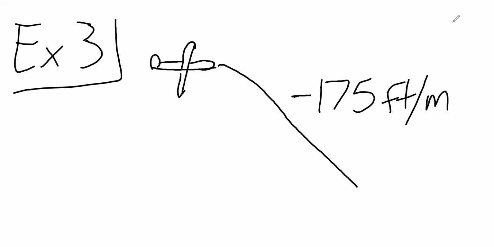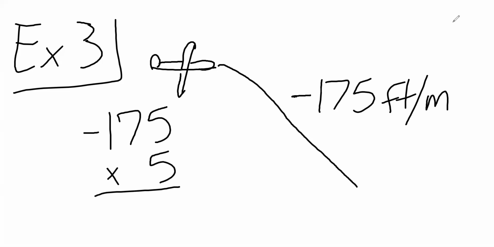How am I going to do this one, Logan? I have -175 feet per minute. So for every minute I go down 175 feet. After 5 minutes, how do I figure that out? Yep, exactly. -175 times +5, because we're always going forward in time. 5 times 5 is 25.